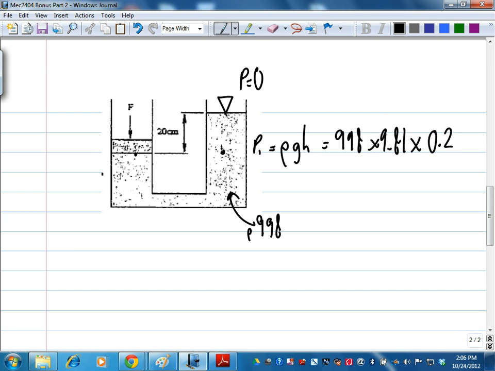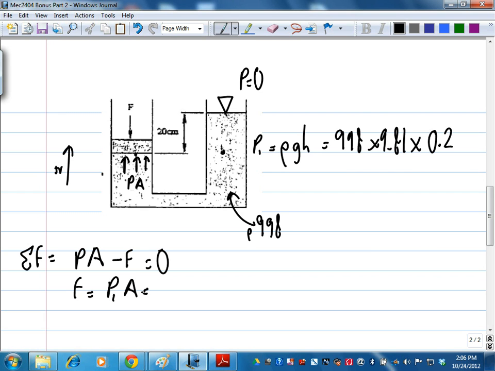Then on this side, here you have pressure times area. Sum of the forces, with this direction positive: pressure times area minus F equals 0. F equals pressure P1 times A. What's the area of the cylinder, piston?